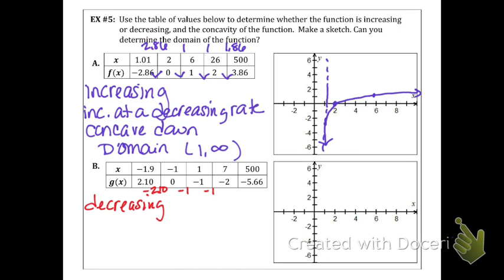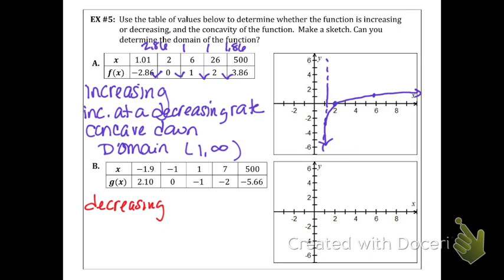And then we're decreasing by negative 3.66. No. What's wrong with my math here? I'm having trouble with the negative numbers. Tell you what, let's graph it and look at it.